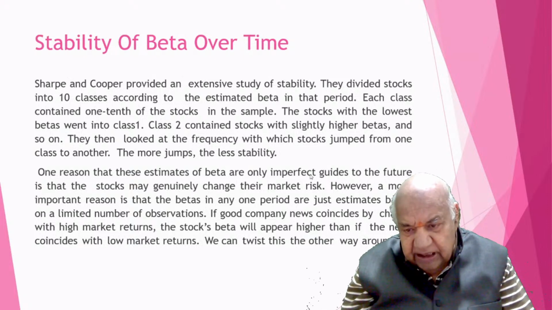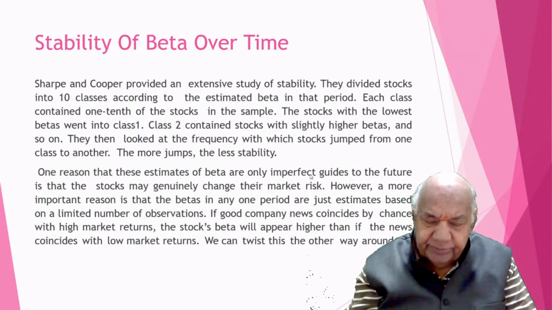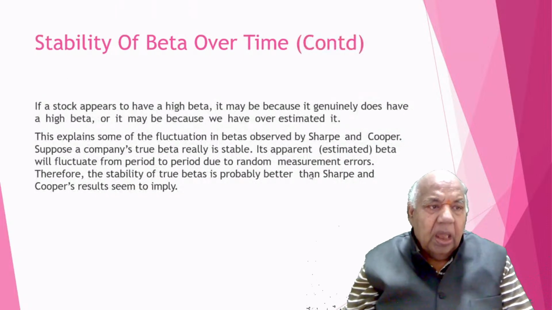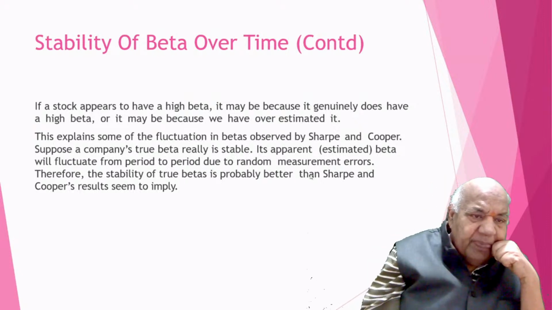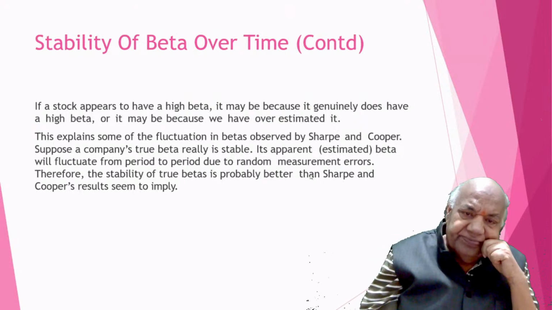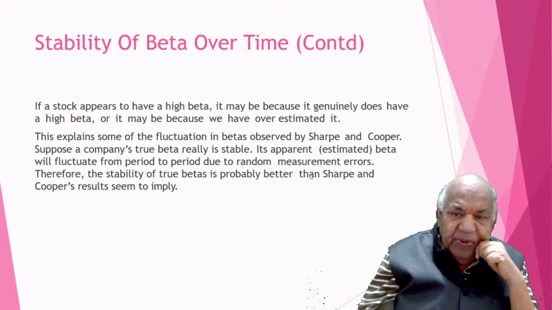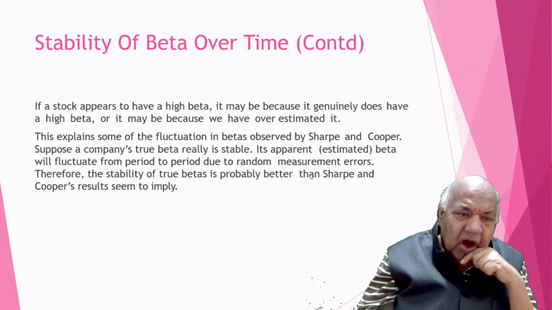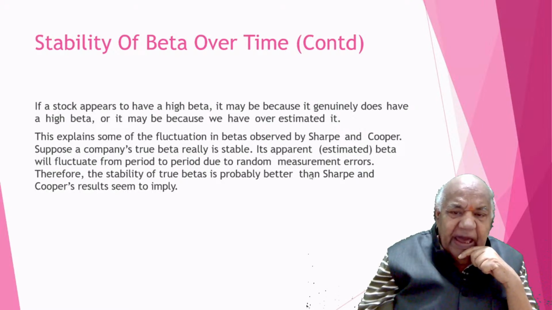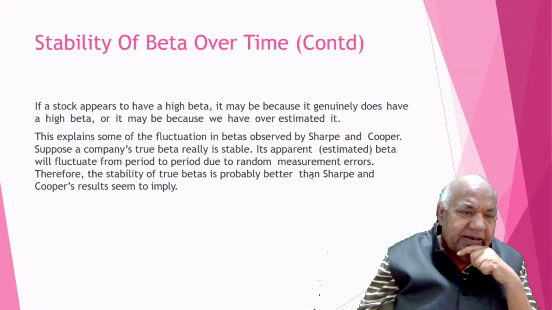We can twist it the other way around. If a stock appears to have a high beta, it may be because it genuinely does have a high beta, or it may be because we have overestimated it.